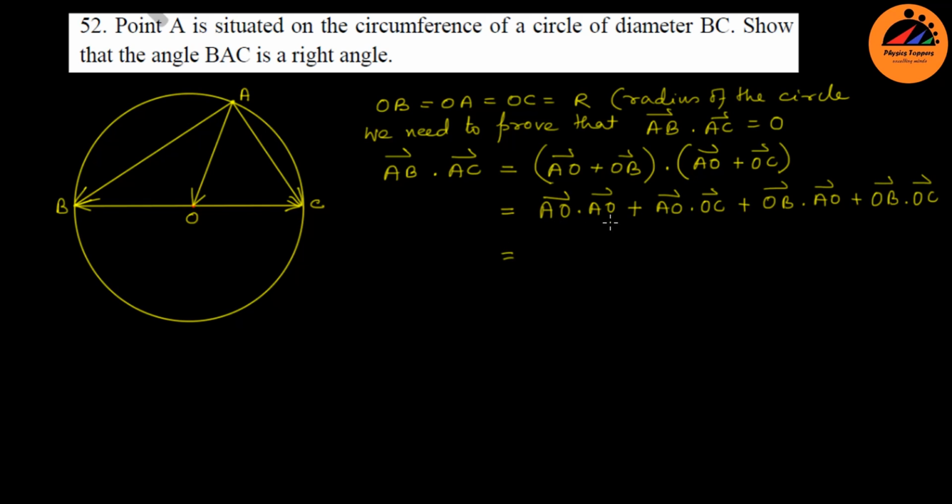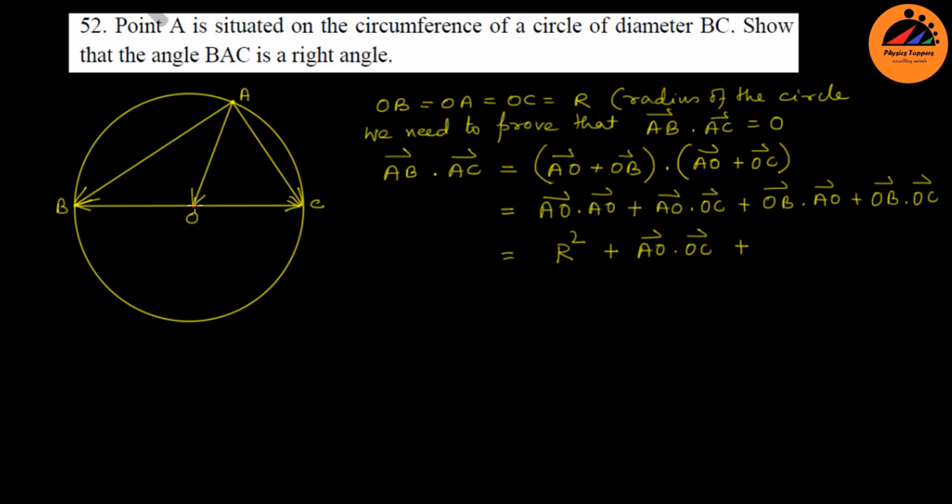Now AO dot AO. The length of AO is R, right? And AO dot AO is AO square, so I can write it as R square. Plus AO dot OC. Leave it like that. Plus OB dot AO.